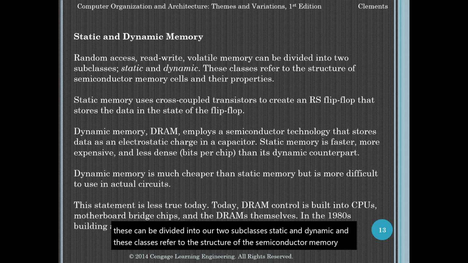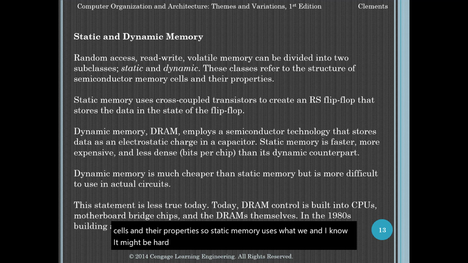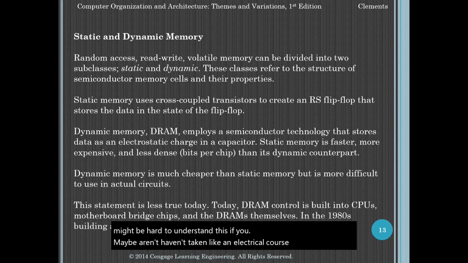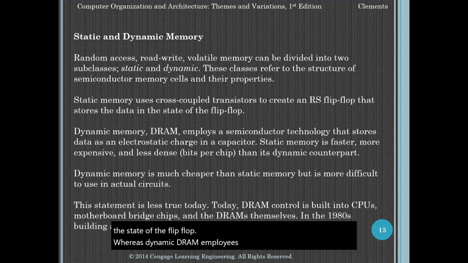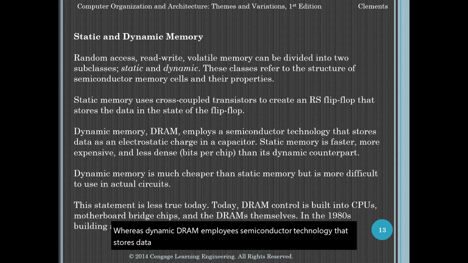So static memory uses, and I know it might be hard to understand this if you haven't taken an electrical course, cross-coupled transistors that create an RS flip-flop that stores the data in the state of the flip-flop. Whereas dynamic DRAM employs a semiconductor technology that stores data as an electrostatic charge in a capacitor.